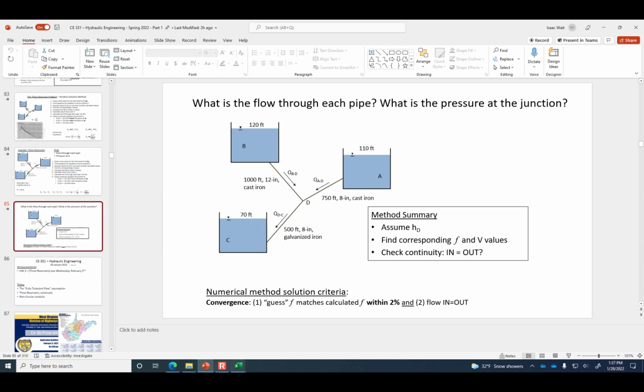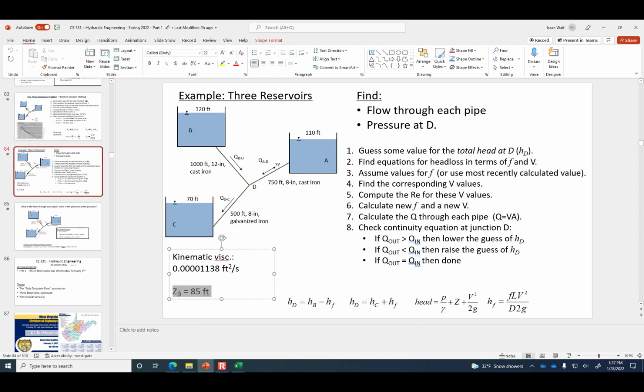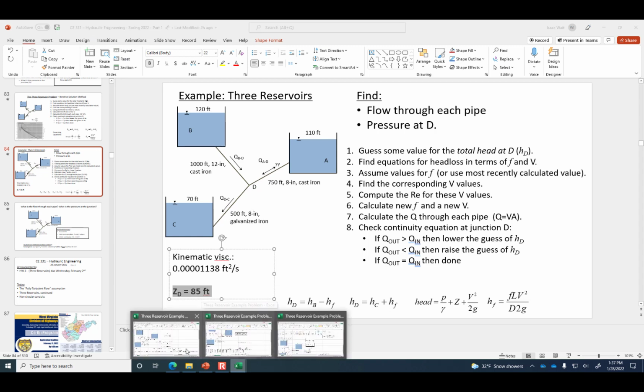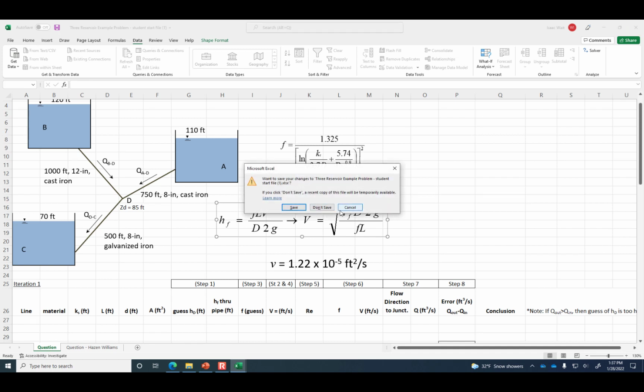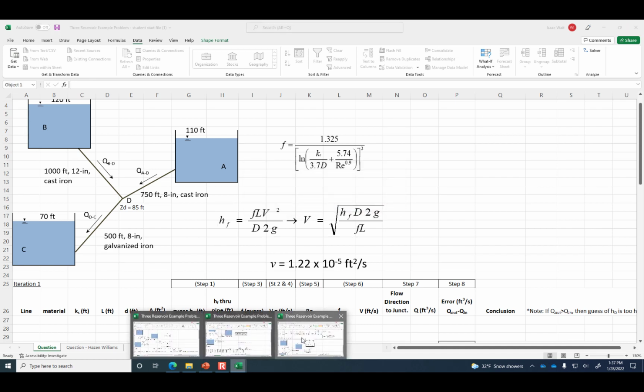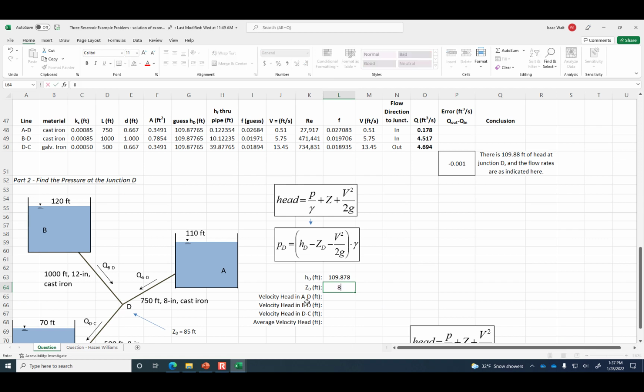Here, thank you. Yep, so the physical elevation of junction D is 85 feet. All right, so let's put in 85 feet for the Z value.